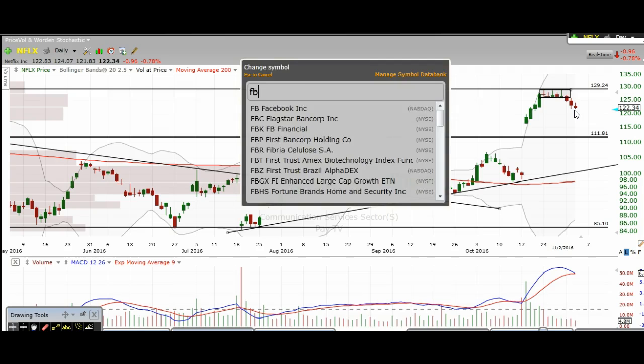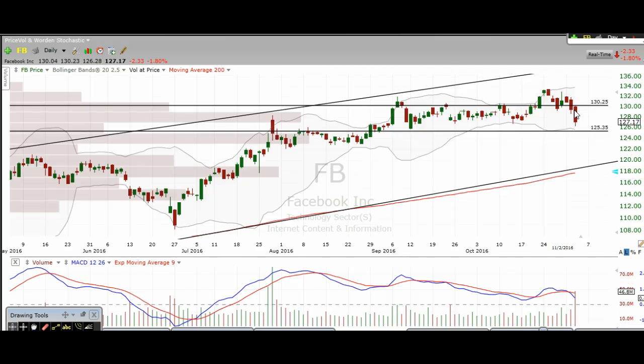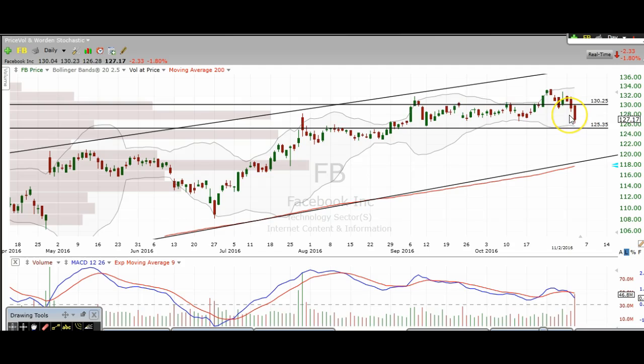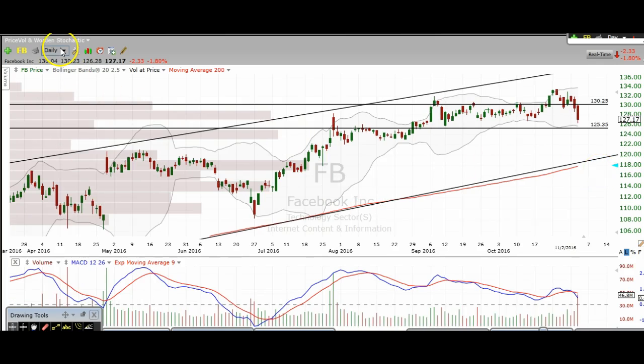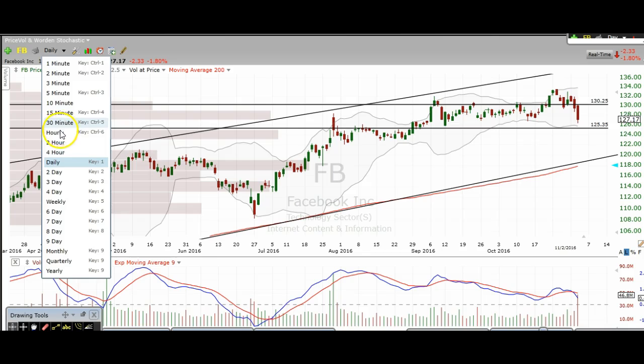The next one we're going to take a look at is Facebook. In Facebook, a poor reaction to earnings. We're down at about 118 on Facebook here, and that's going to be a potential bounce zone, and I'll show you why.